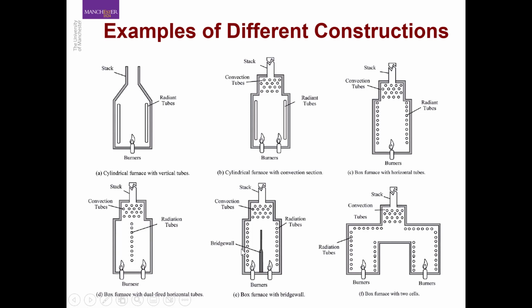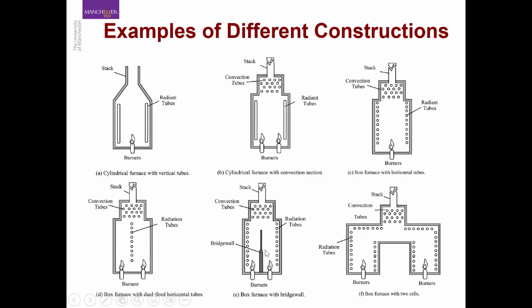And this bridge wall is made of refractory bricks, the insulating bricks that you use to line the surface of this furnace so that it protects the casing of the furnace from the inner flame. Okay, so this gray part is actually all refractory bricks that protect the casing.